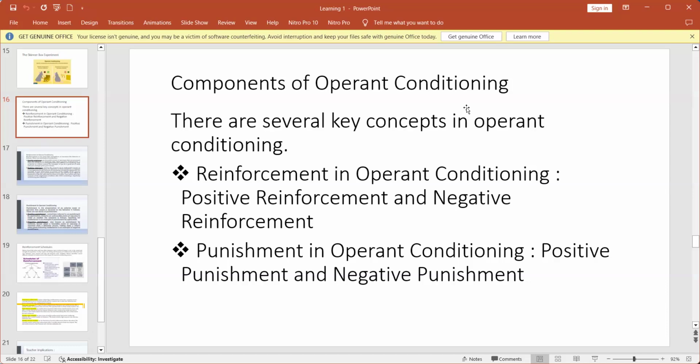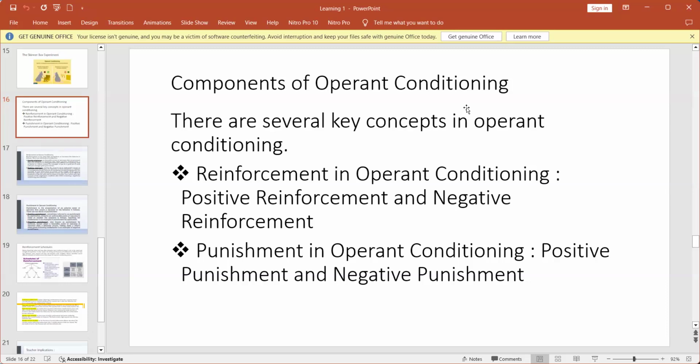I repeat, the 4 types of rewards and punishments according to operant conditioning: positive reinforcement, negative reinforcement, positive punishment, negative punishment. So the teachers, in order to facilitate learning, can use 4 types of rewards and punishments.